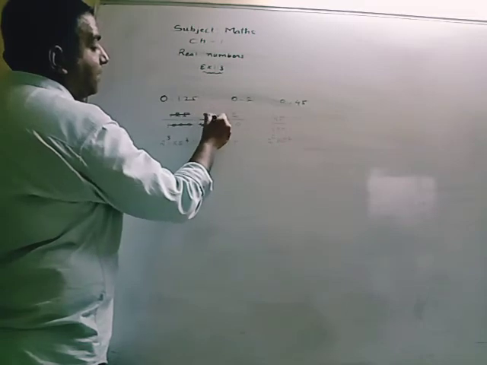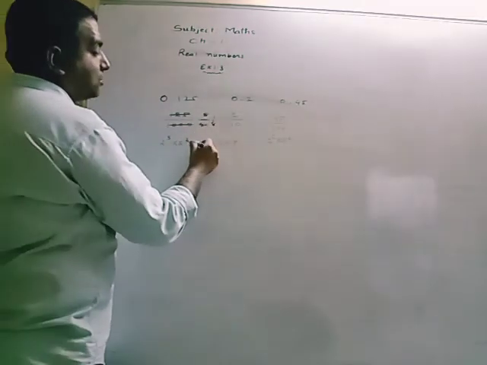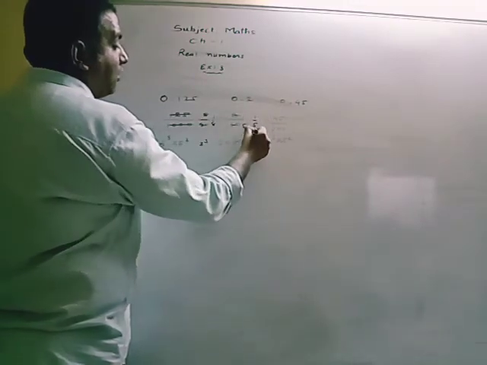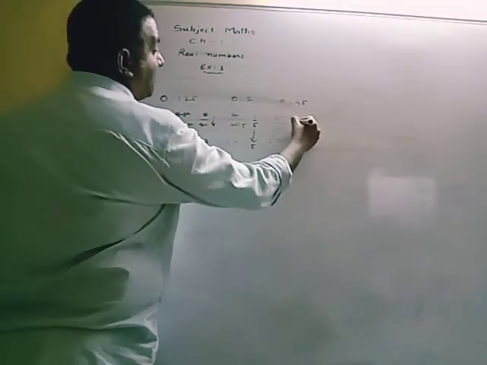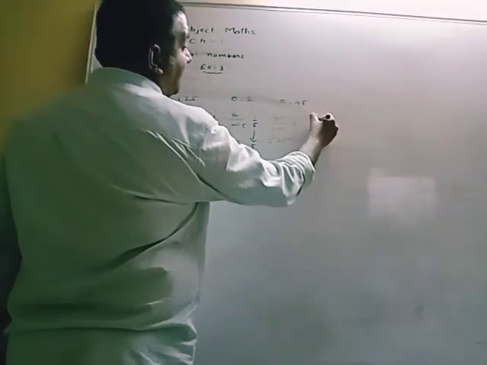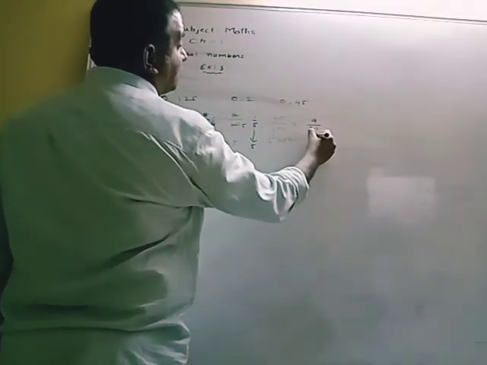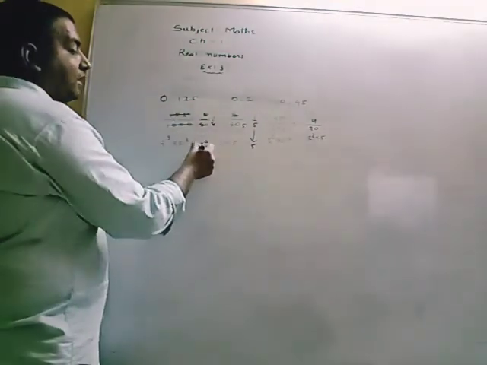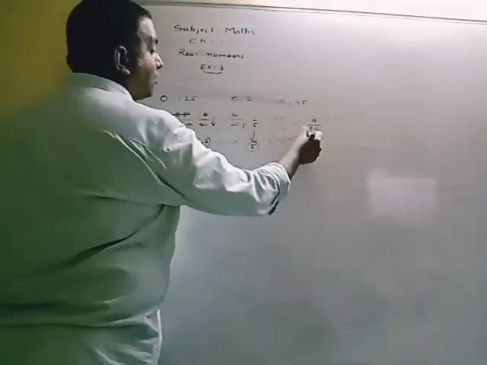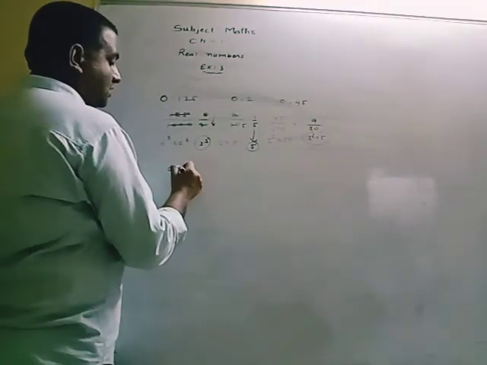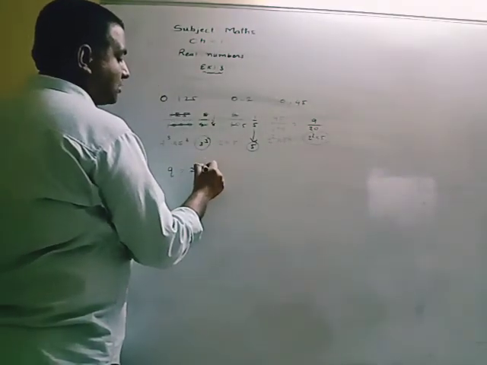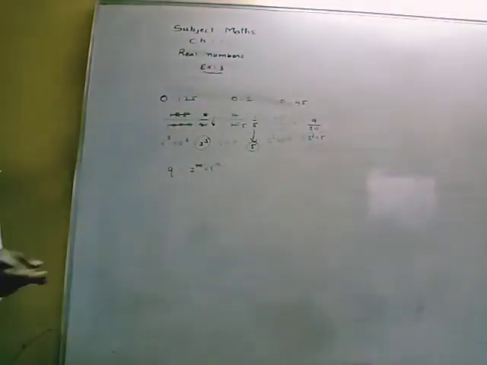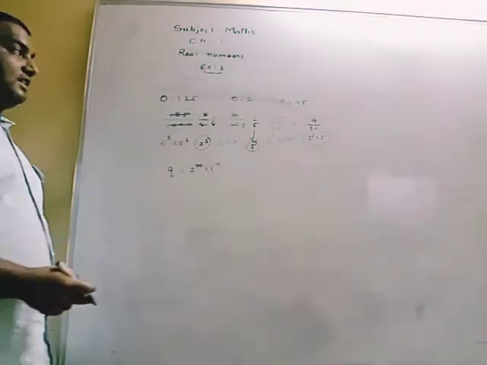Again we simplify, 1 by 8 we are getting, so 8 form is 2 cube, and 2 by 10 gives 1 by 5, so only 5. And 45 by 100 we simplify, then 9 by 20, it is 2 square into 5. So we can see that either it contains only 2 power or 5, or 2 square into 5. So q must have the property that it contains 2 raised to m, 5 raised to n type format, where m and n are any non-negative integers.